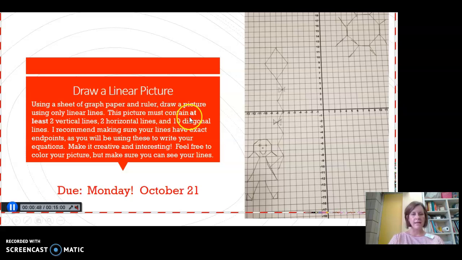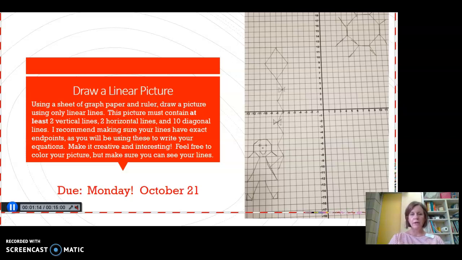Notice it says that it must contain at least 2 vertical lines, 2 horizontal lines, and 10 diagonal lines. So you have to have at least 14 lines in your picture. So that's really important. And 10 have to be diagonal, 2 horizontal, 2 vertical.